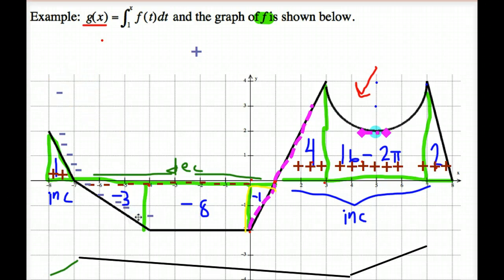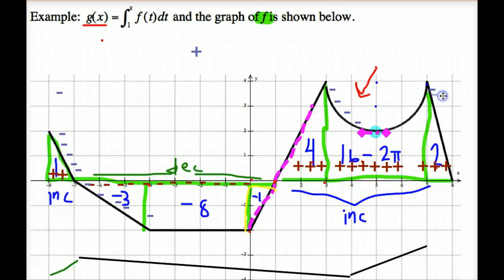I'm also negative here, and over here, and over here. We already said our slope was 0 over here. We're also negative on this side.